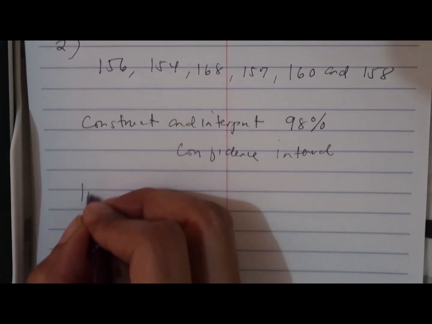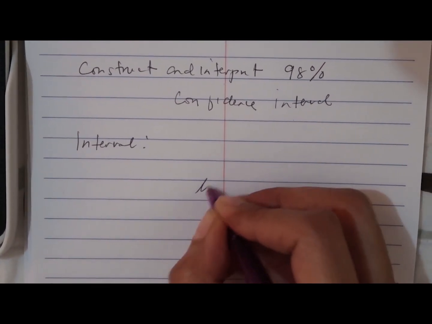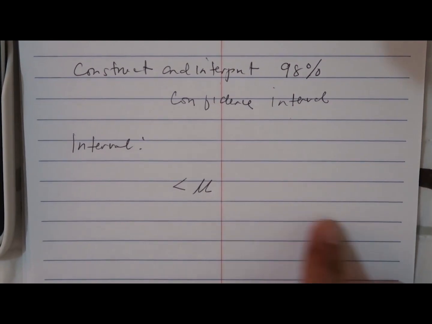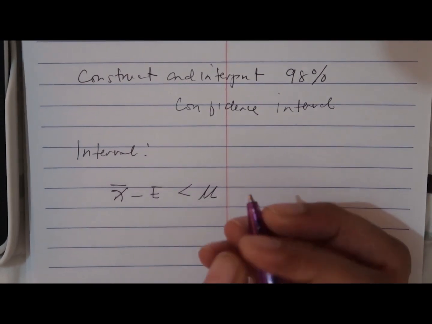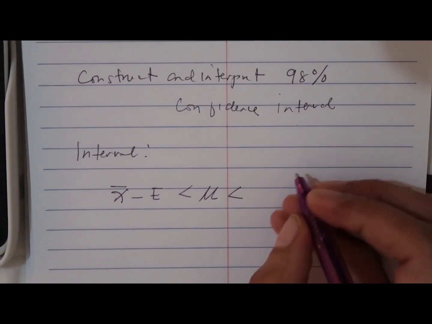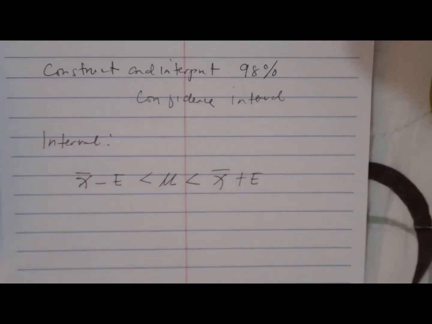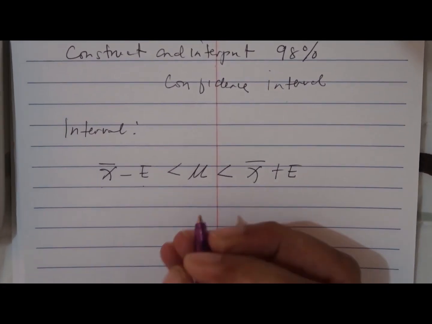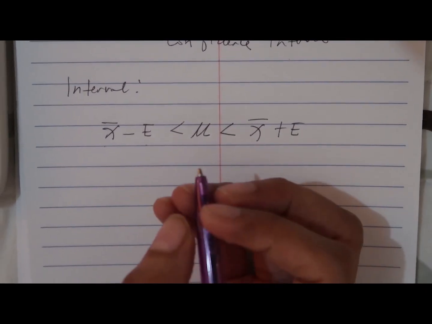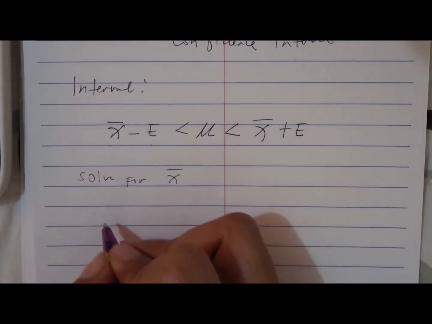So to solve for the interval, mu is greater than sample mean minus the margin of error, but less than sample mean plus the margin of error. So this is the interval. But the problem is, there's no value of margin of error and sample mean. So first, solve for sample mean. The only given are the data.